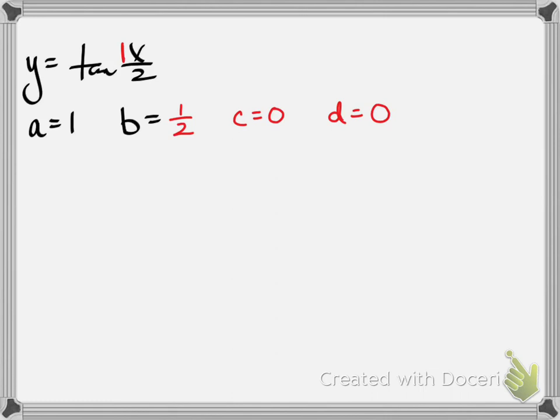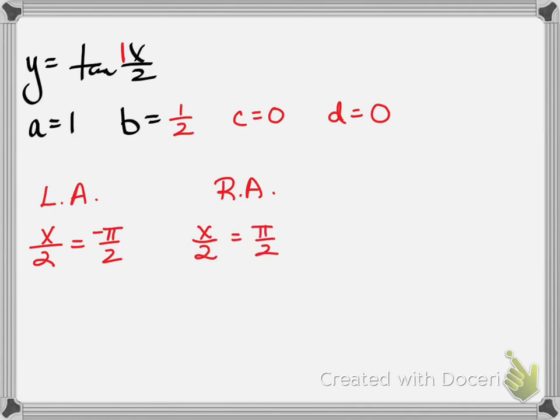Since we have a b value, that means my asymptote locations are going to change. So the left asymptote is whatever the bx minus c is, equal to the negative pi over 2. And the right asymptote is when bx minus c is equal to positive pi over 2. Multiply by 2.